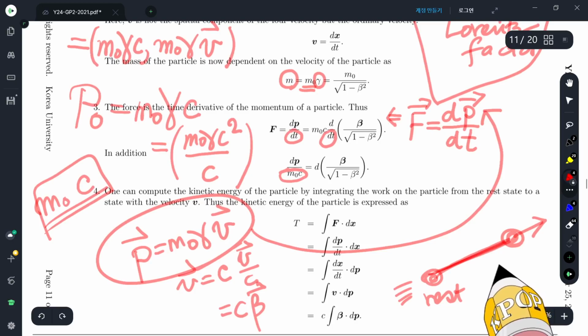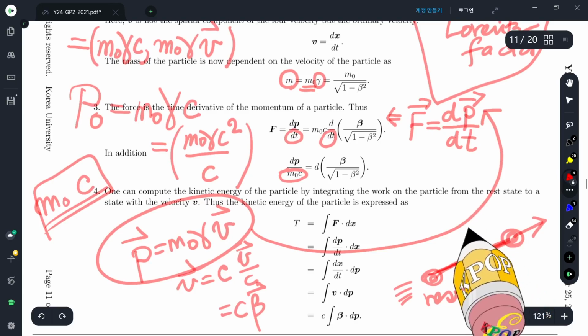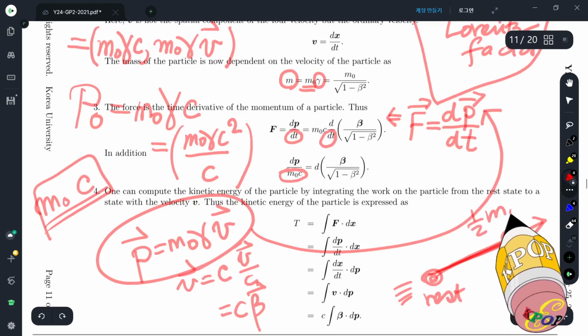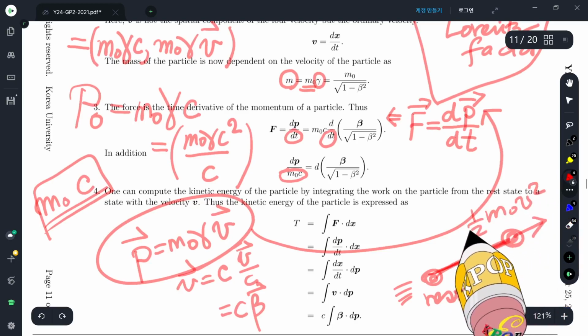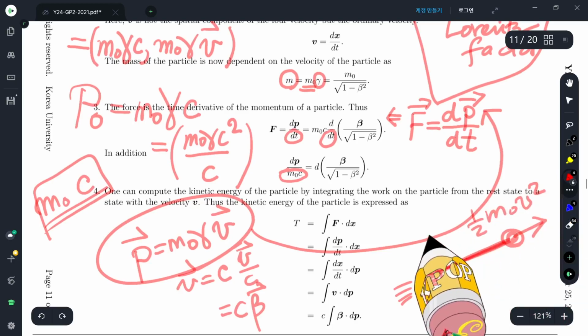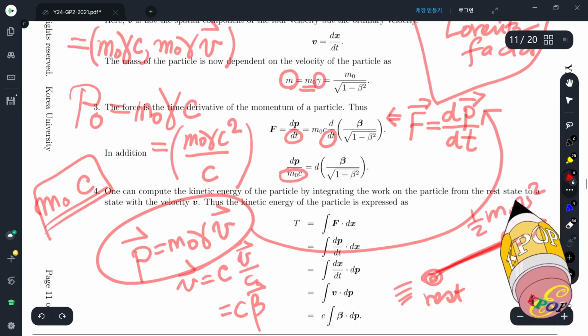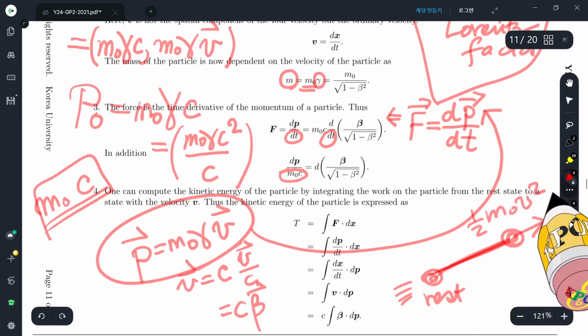In non-relativistic theory, that kinetic energy is 1/2 m0 v squared, but this is completely broken in the relativistic limit that we are concerned with.